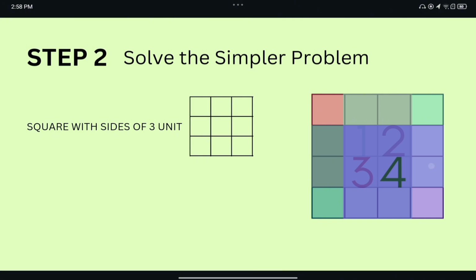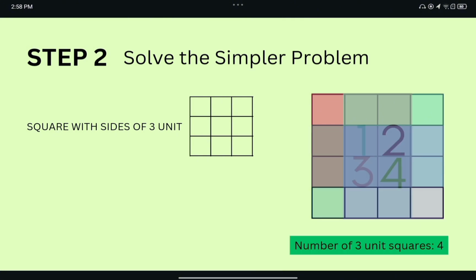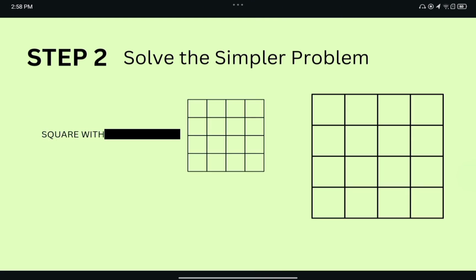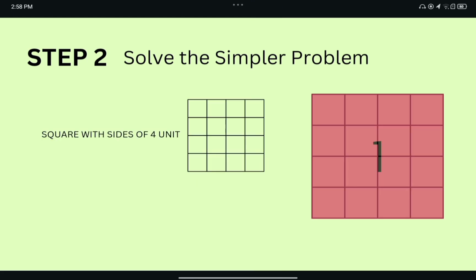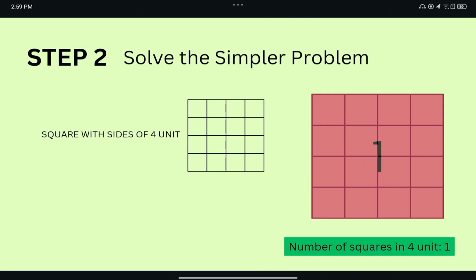So the number of 3 unit squares is equal to 4. The last one is squares with sides of 4 unit. Again, same thing. There is 1. The number of 4 unit squares is equal to 1.